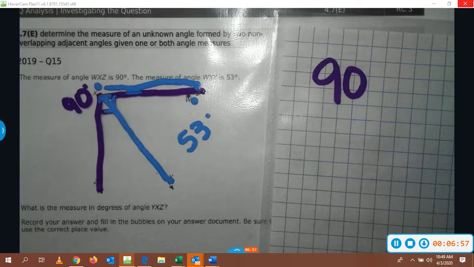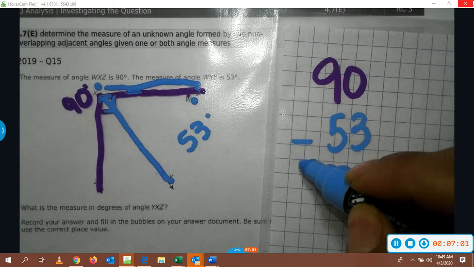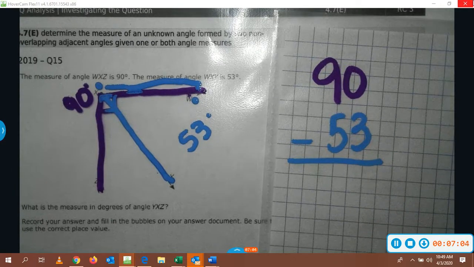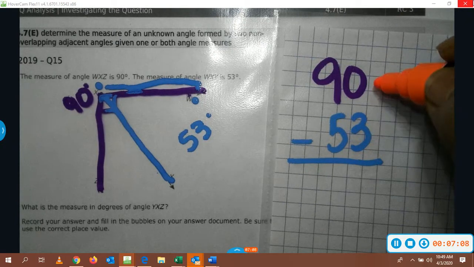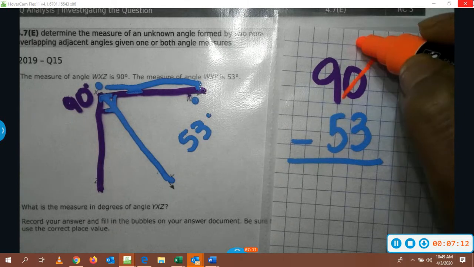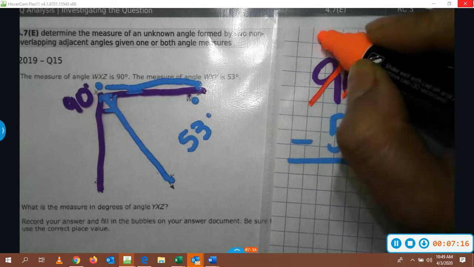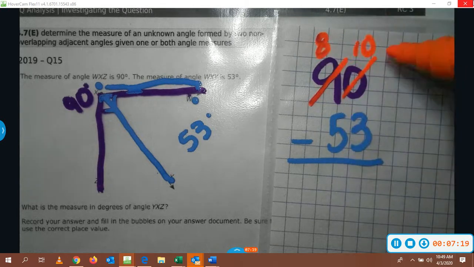90 minus 53 equals, let's go. So we know that we cannot take 3 from 0, but what we can take is 10 from this side and make this an 8, and this is 10.